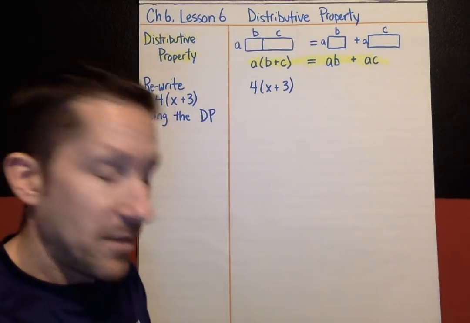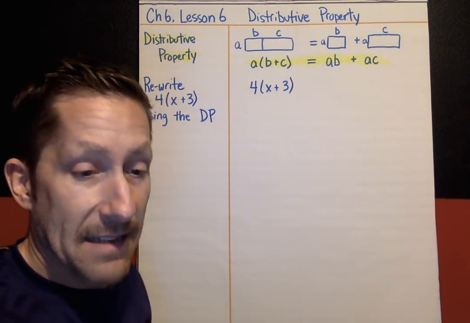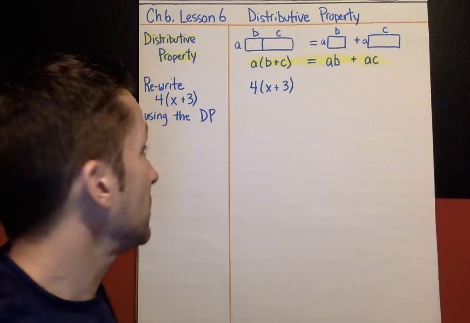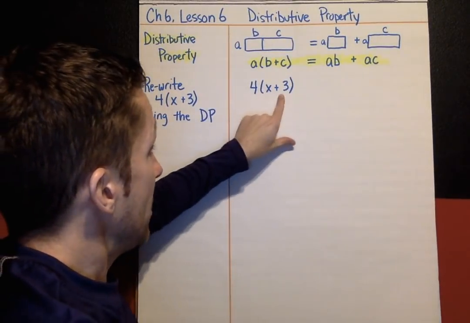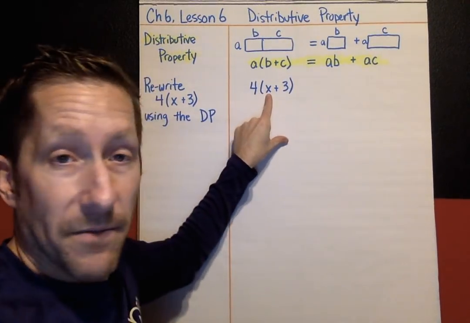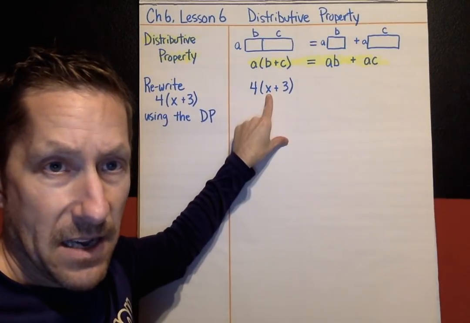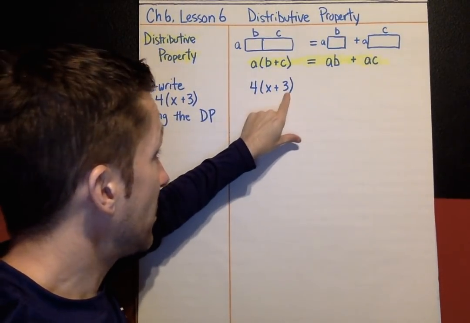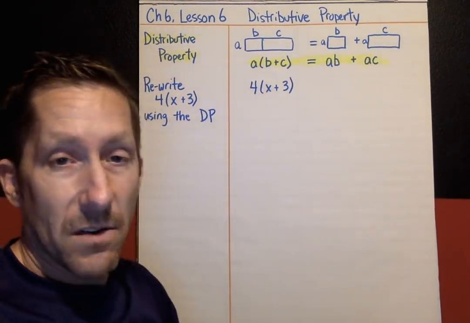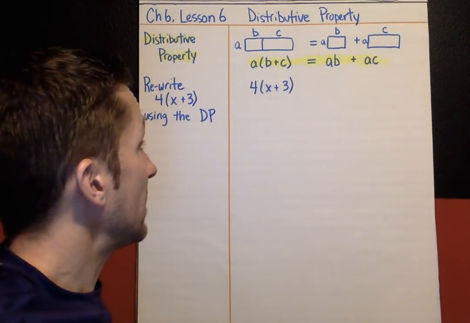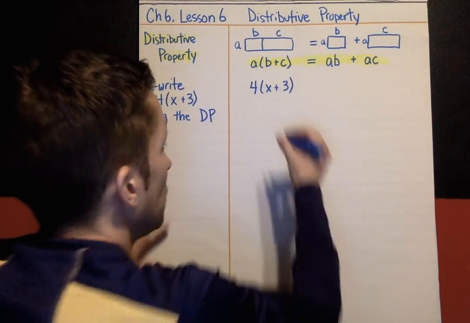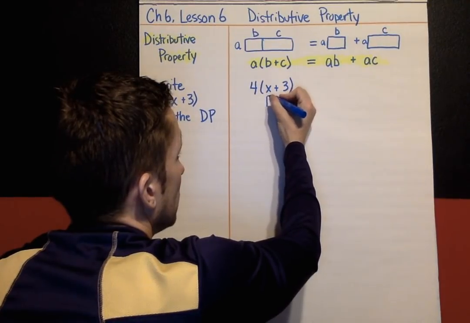Yesterday in the last lab I taught you how to use algebra tiles. We're going to do that again. X plus 3. Remember that the variables are the long skinny algebra tiles, the fries, and the numbers are the little tiny squares or the nuggets. So this x plus 3 would look like this.